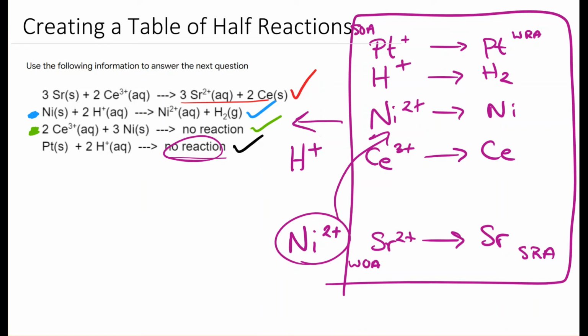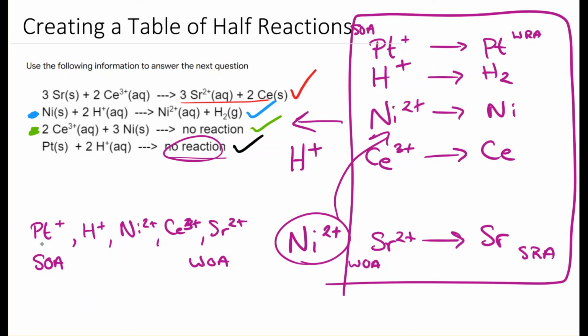Now, if we want to write these from strongest oxidizing agent to weakest oxidizing agent, what's the strongest? Platinum plus, 1+, 2+, whatever, it doesn't matter. Platinum plus, then hydrogen plus, then nickel 2+, then cerium 3+, then strontium 2+.